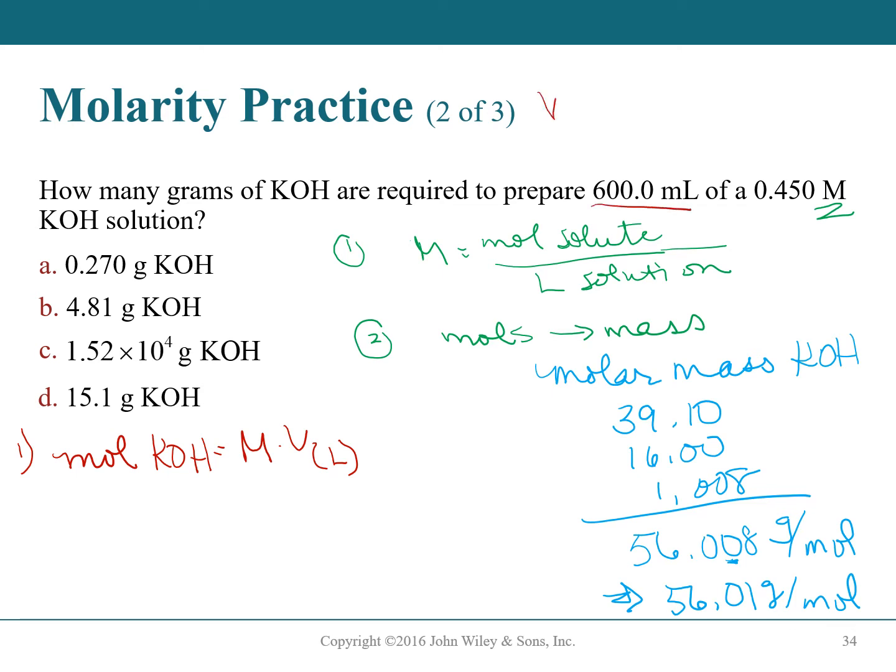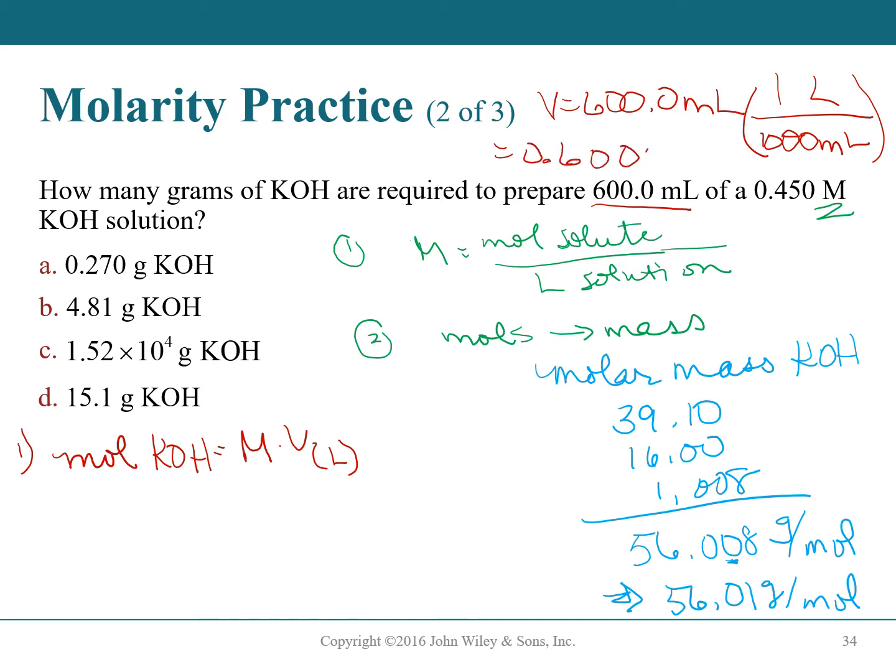So the volume is 600 milliliters, and we know there are 1,000 milliliters in 1 liter. So what we get is 0.6000 liters.